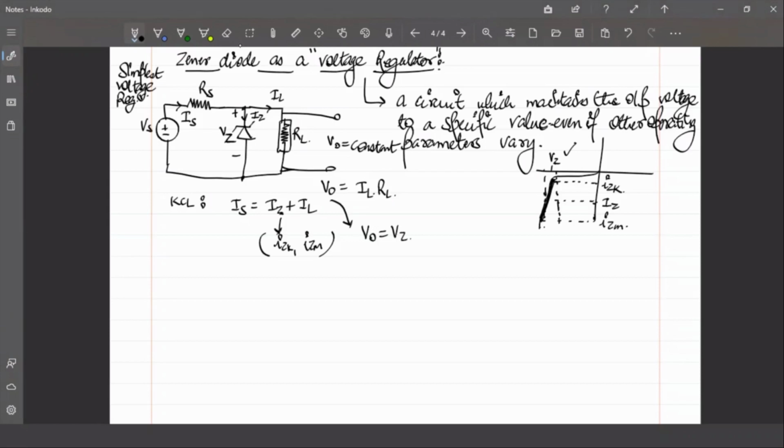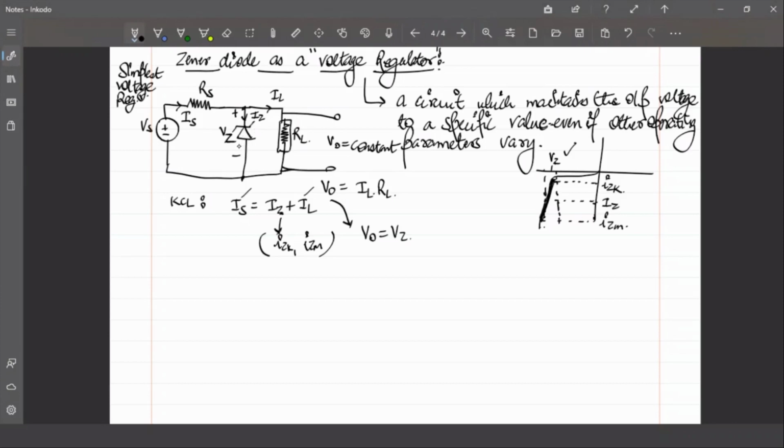So by controlling the current flowing through this, and how do you control it? By making sure that Is and IL are such that Iz falls in this region. So let's find out what are the possibilities in which this would change. We know how to regulate it. How does it work as a regulator?